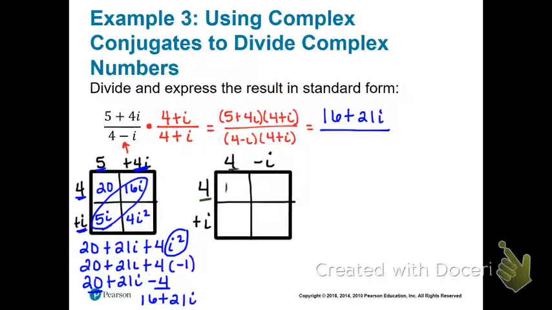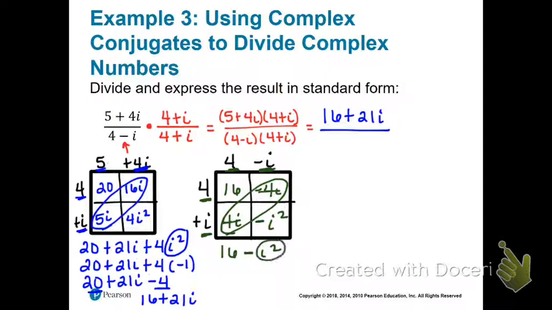Multiply. 4 times 4 is 16. 4 times negative i is negative 4i. i times 4 is 4i. And i times negative i is a negative i squared. So I have 16. Combine my like terms here in the middle. 4i minus 4i cancel. And then I have my minus i squared.